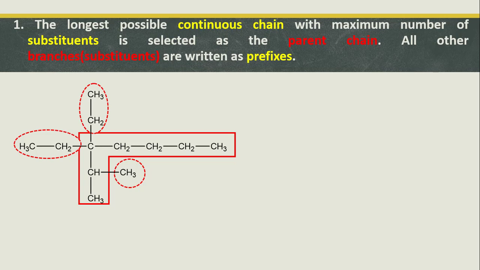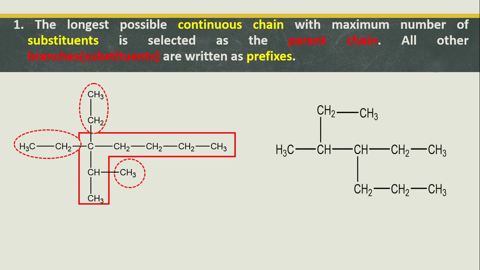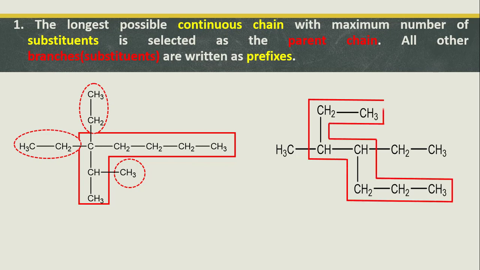And these branches or substituents are written as prefixes. Similarly, let's see another example, which consists of the longest possible continuous chain containing 7 carbon atoms, and it has 2 substituents which are to be written as prefixes.